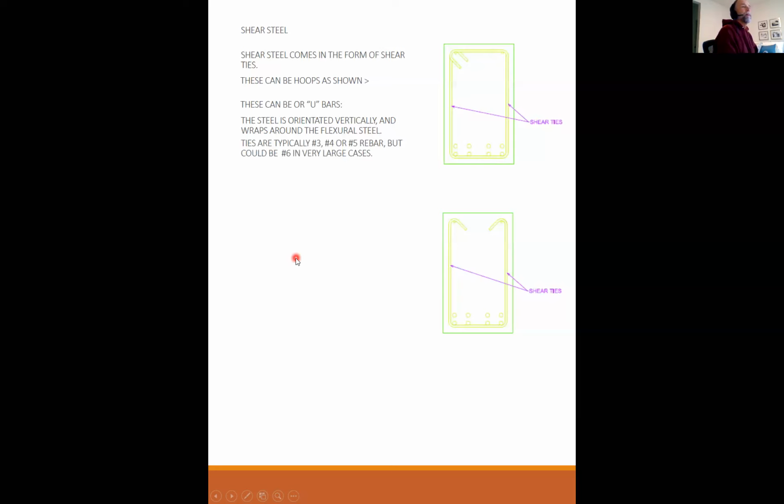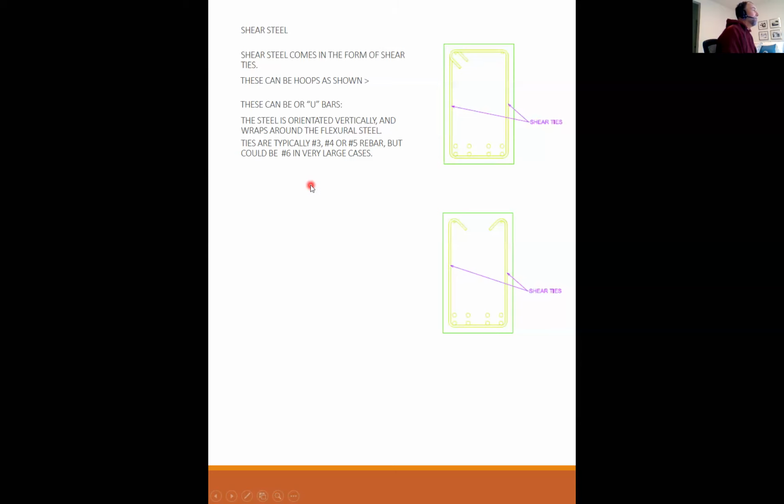Ties are typically made from number 3, number 4s, or occasionally number 5s. Very, very rarely would you see number 6s. It's just too hard to bend a number 6 and get it to fit into a reasonable size beam.